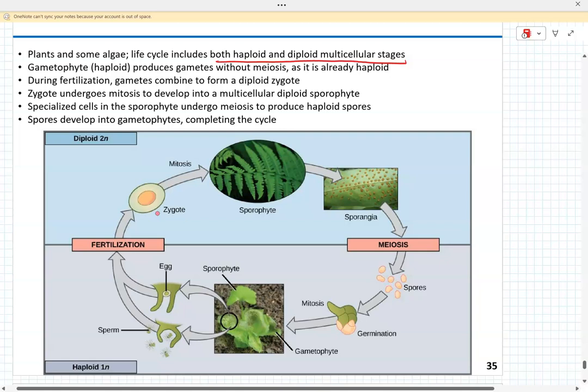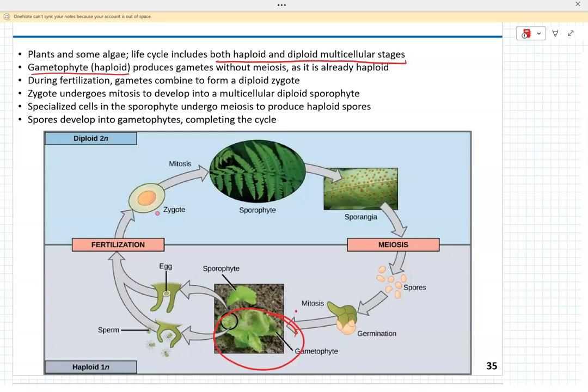So a gametophyte, which is haploid, produces gametes without meiosis, because it doesn't require meiosis, it's already haploid. So there's an egg, there's a sperm. An egg and the sperm fuse during fertilization, combining and forming a diploid zygote.